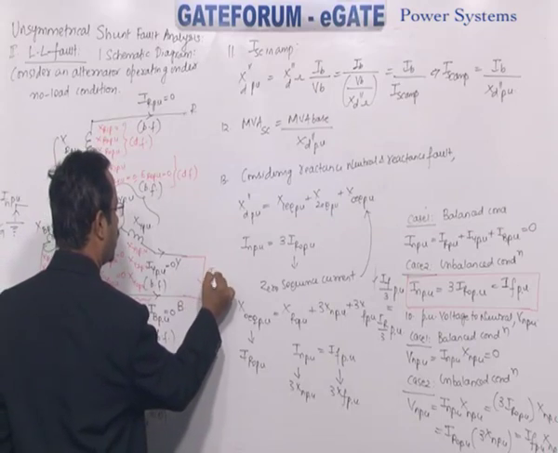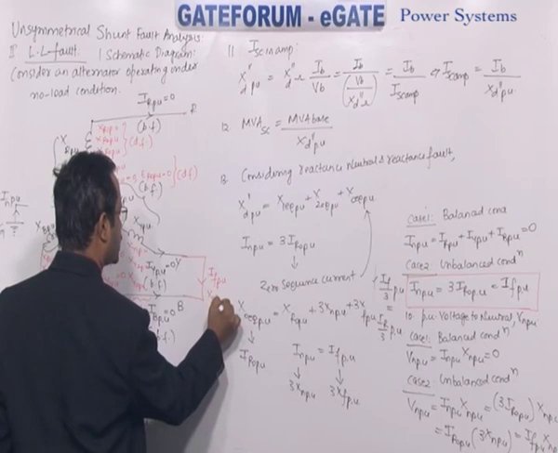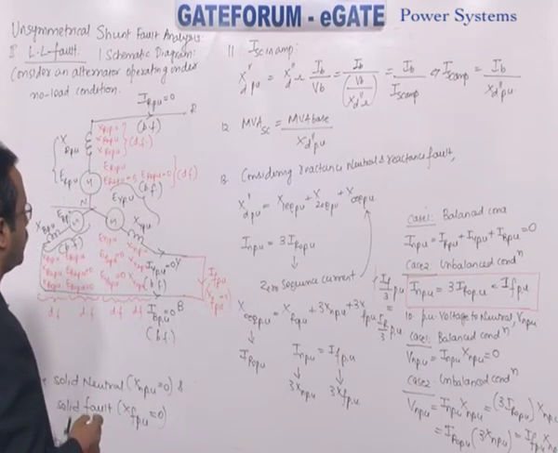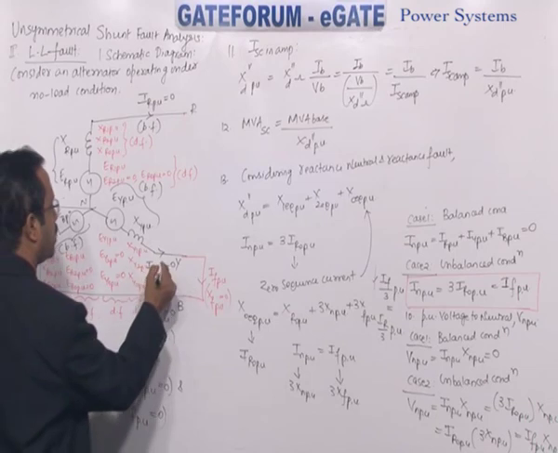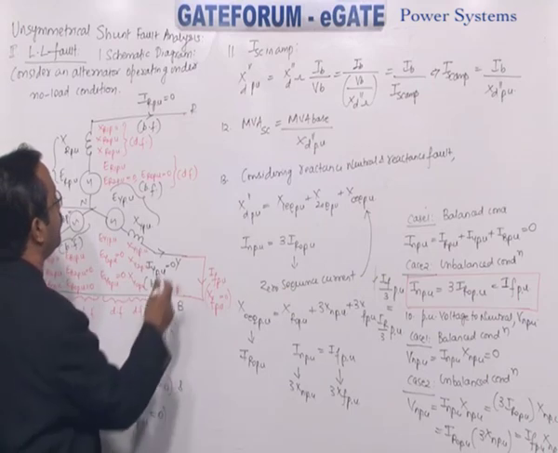So what is the fault current now? IF per unit. The fault reactance XF per unit is 0. As the fault is involved with Y phase and B phase, what about the fault currents during fault?